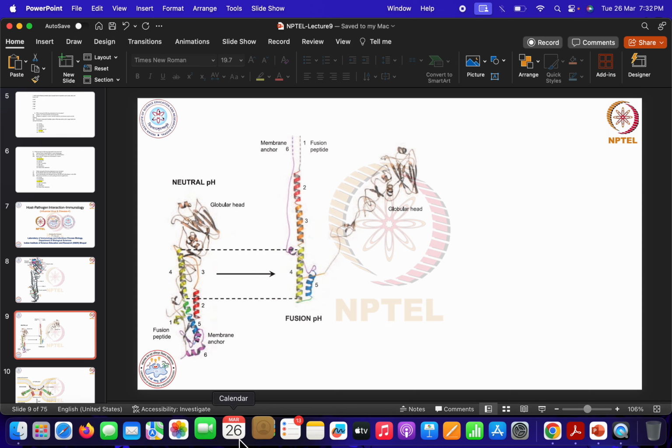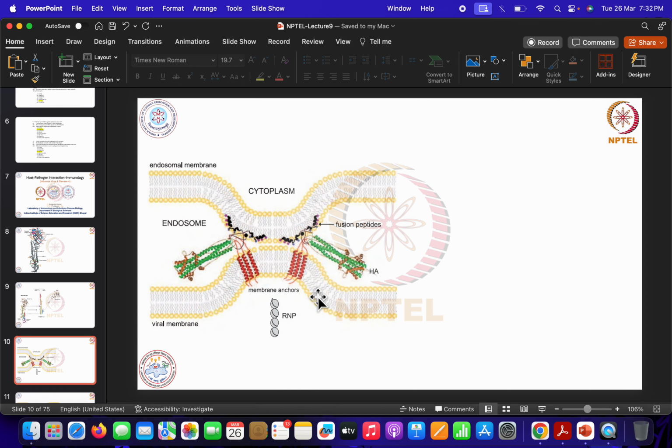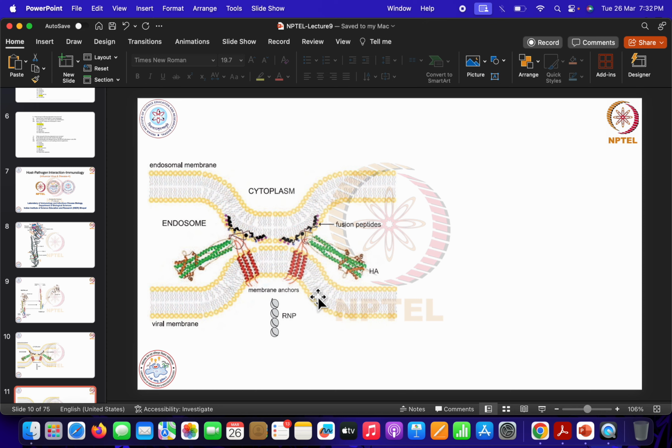The protein is folded like that at neutral pH, but at fusion pH it gets folded back to straight positions, where you can see the fusion peptide, membrane anchor and then globular head, and it helps in fusing the viral membrane and the endosomal membrane.